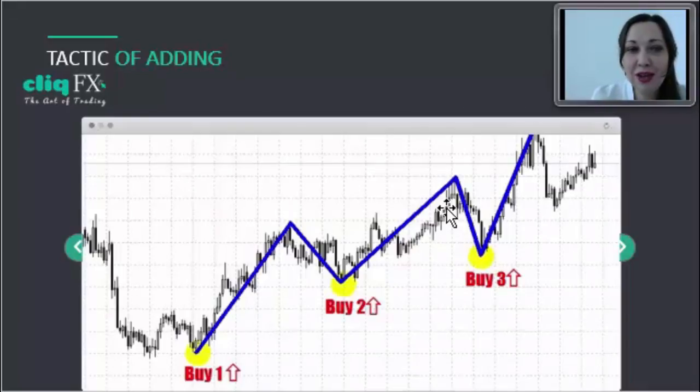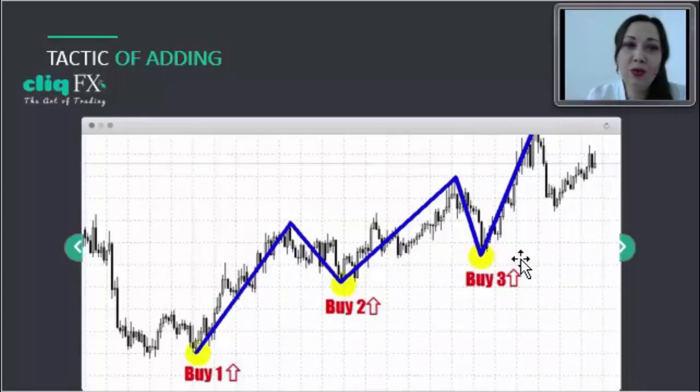It means you have analyzed the tendency and it proved to be right. At the already formed minimum, you can open buy 3. This tactical method is called adding because you add orders. But be careful, you need to follow only one rule: follow money management. If your money management allows you, at this already made minimum, open buy 3.